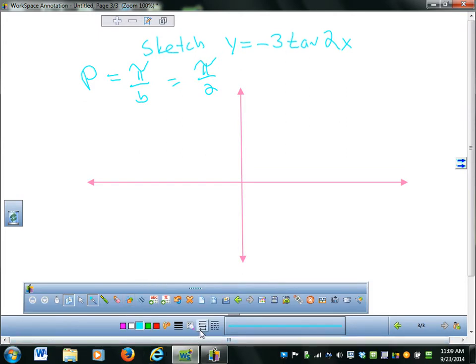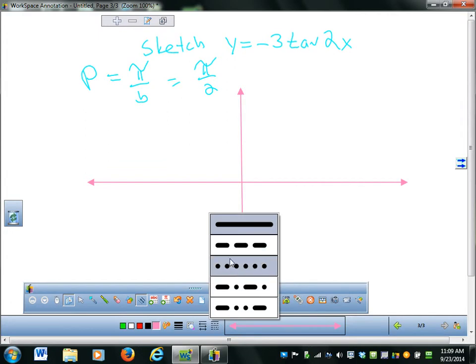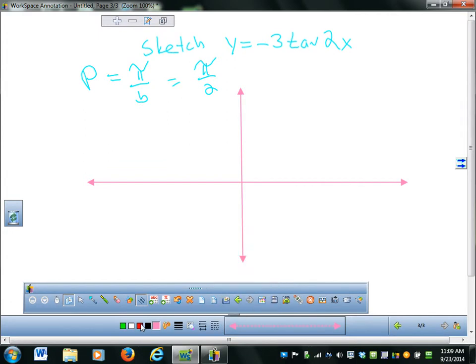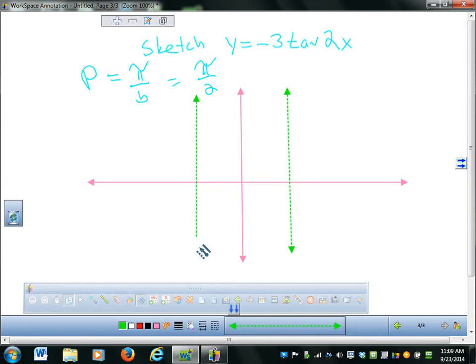So Miguel said correctly that it should go from pi over 4. I want a dotted line now, make it green. So I want to go from negative pi over 4 to positive pi over 4 because the period is pi over 2, right?